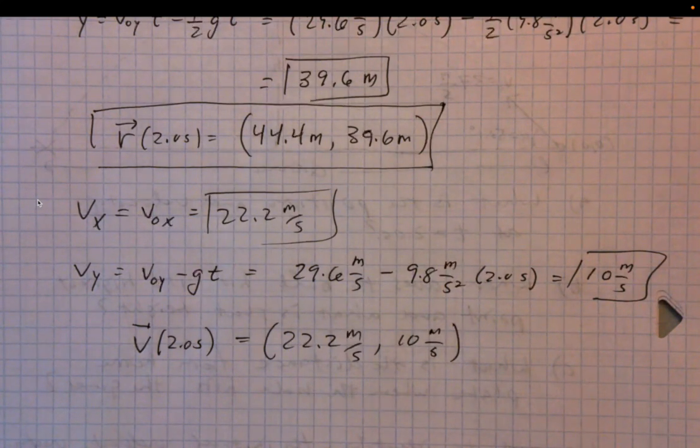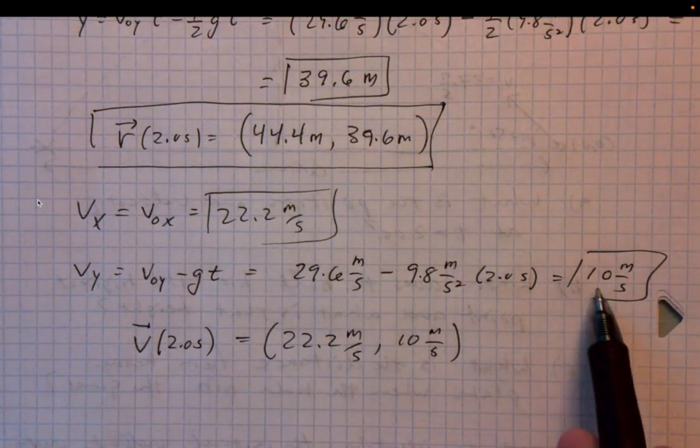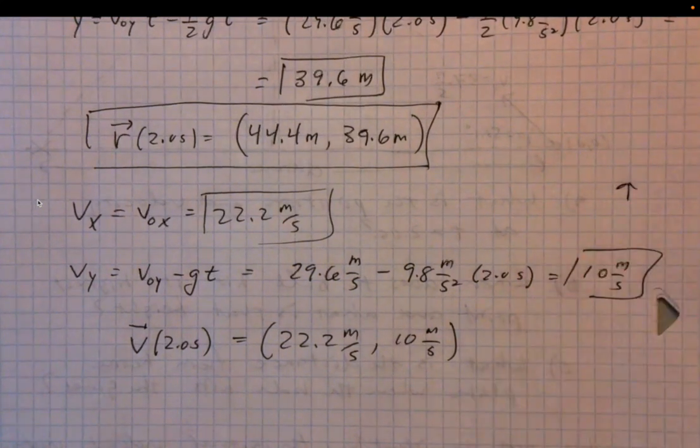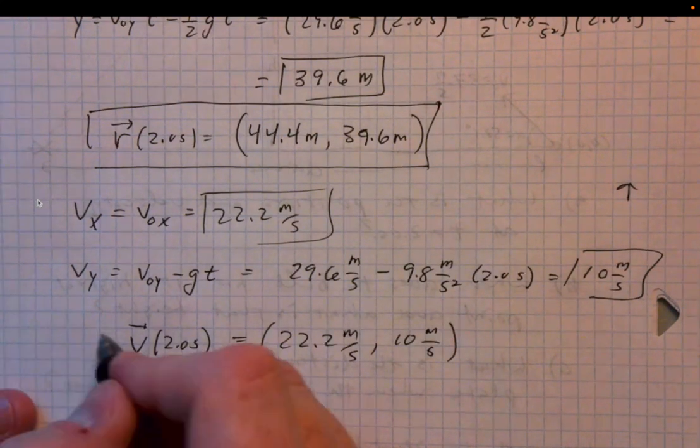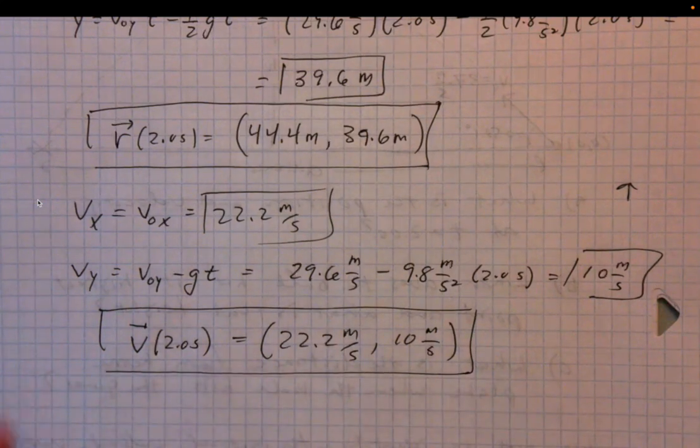So the ball is still headed upward, right? The fact that this velocity in the y direction is positive means the ball is still ascending, right? It hasn't reached its peak yet. So we know for part B that we're going to be looking for that peak. That peak has to be greater than 2 seconds, right? So it's still traveling upward at 2 seconds. Okay, and so there's part A.